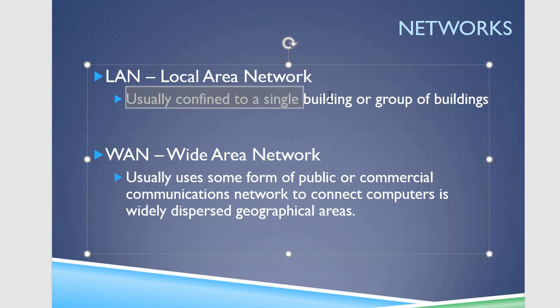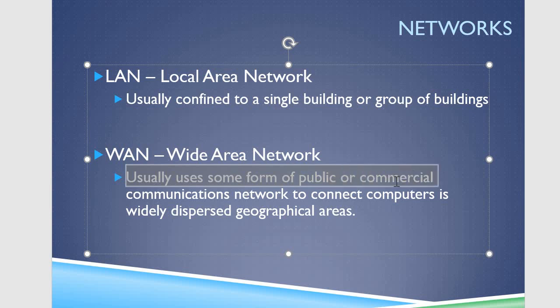Usually confined to a single building or a group of buildings. What type of network? LAN, local area network. Usually uses some form of public or commercial communications network to connect computers widely dispersed in geographical areas. What is the answer? Wide area network, WAN.